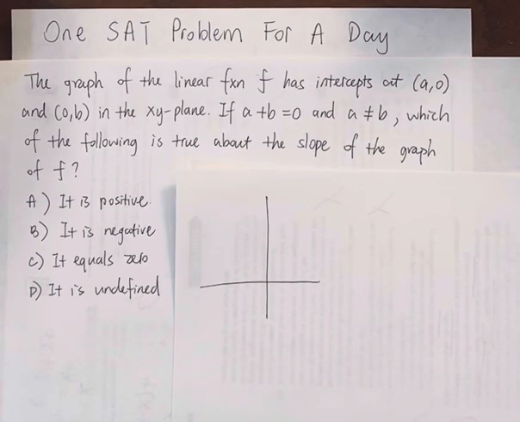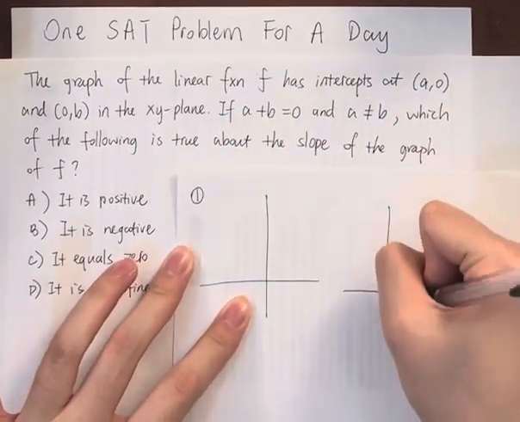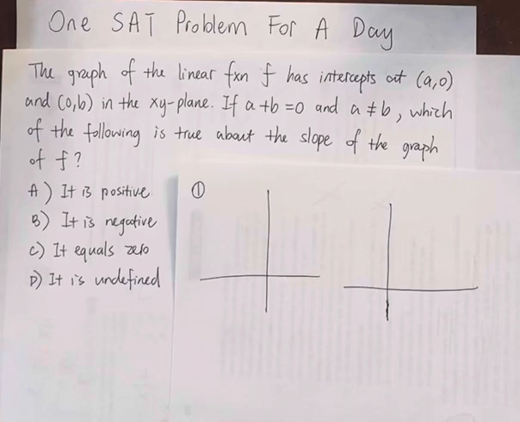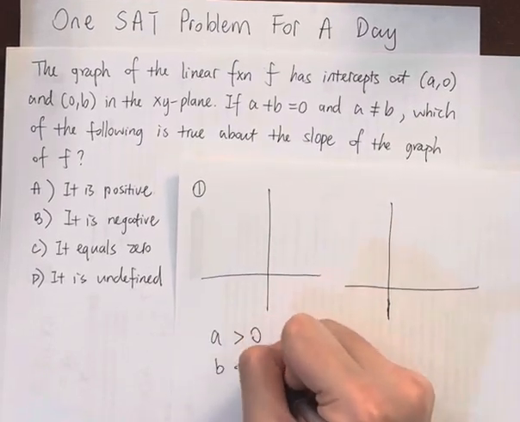So by knowing these two useful pieces of knowledge, we can start by drawing the graph for this. There are actually two ways to draw this, and I'm going to show you both. For the first one, we can make a greater than 0 and b less than 0.